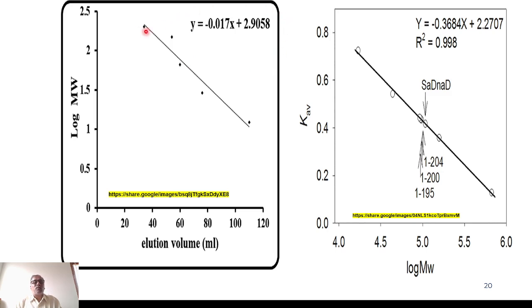So known molecular weight standards can be used and you calculate the elution volume for them, and then for the sample you calculate how many ml of elution volume you have used. So automatically y is equal to the elution volume, you apply in this simple regression equation, you can calculate the log molecular weight. So one of the important applications of gel filtration is calculation of relative molecular mass.